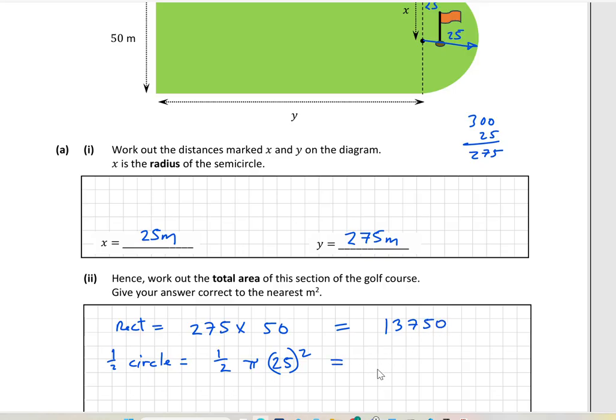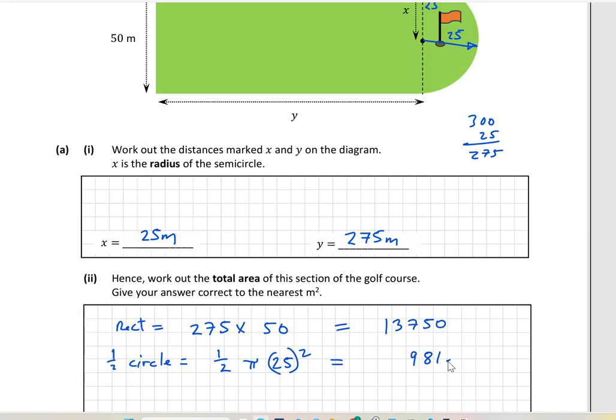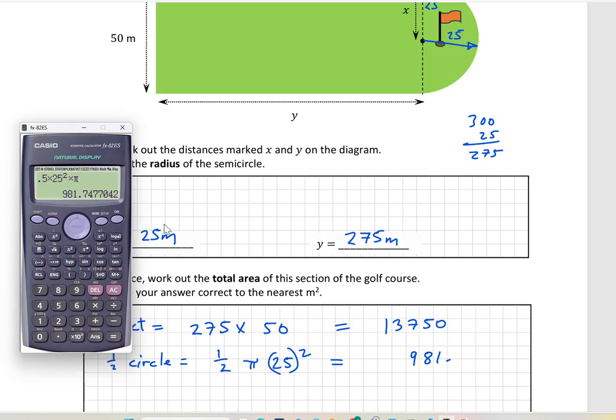And this one is going to be 0.5 multiplied by 25 squared, multiplied by shift pi. All right, so I'll give it its proper number. So that's 981 to the nearest meter squared. So that's 981.74.